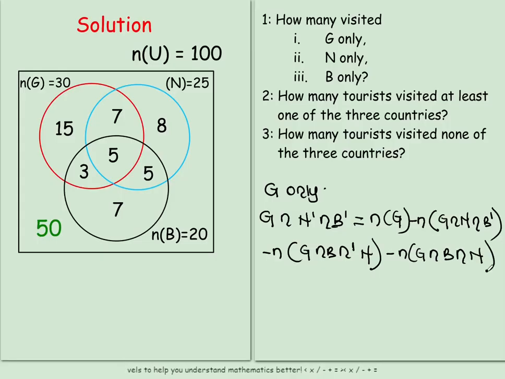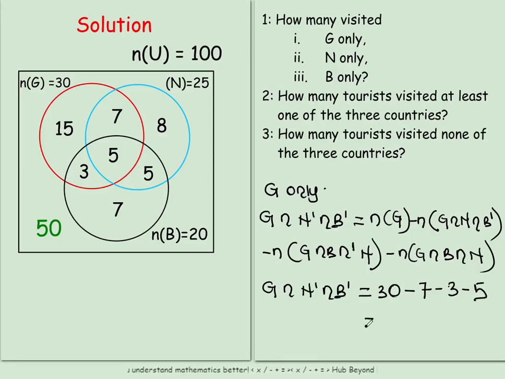N. So writing it, all we are saying is your G only, which we actually want, is given as your 30 minus 7 minus 3 minus 5. And that gave us our 15, which you see over here.